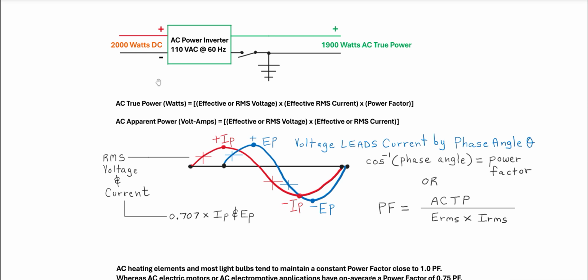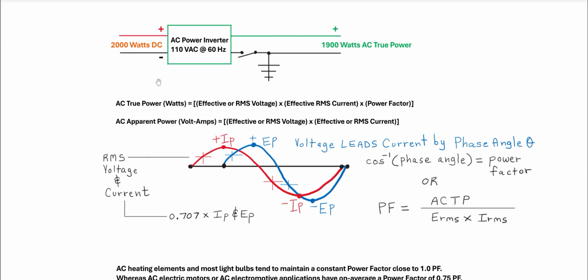Instead of AC going through a rectifier diode bridge and made into DC, it does the opposite. It goes from a rectified bridge DC direct current into AC current.